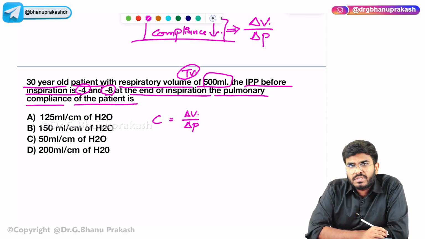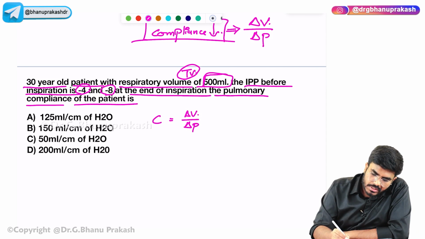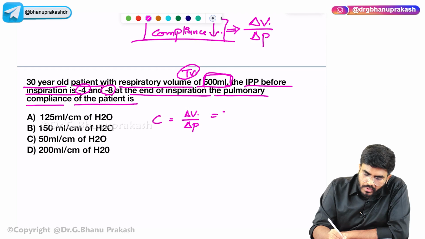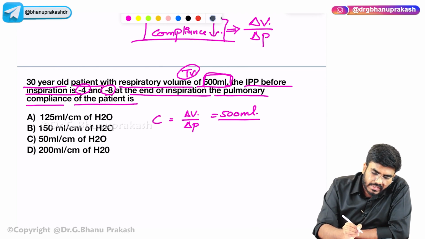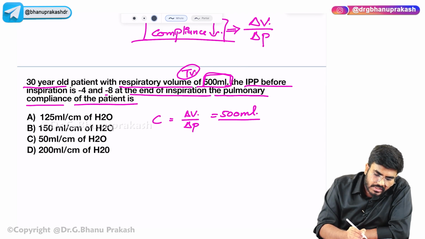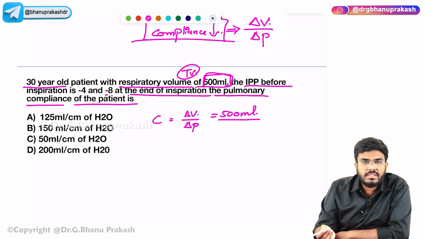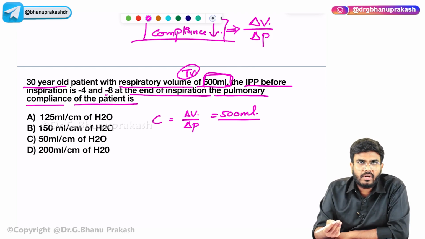Now, what is the volume change in this person? The volume change is 500 ml. So 500 ml divided by, and how much is the pressure change? To change this volume, how much is the pressure change? His pressure is changing from -4 to -8 centimeter of water.